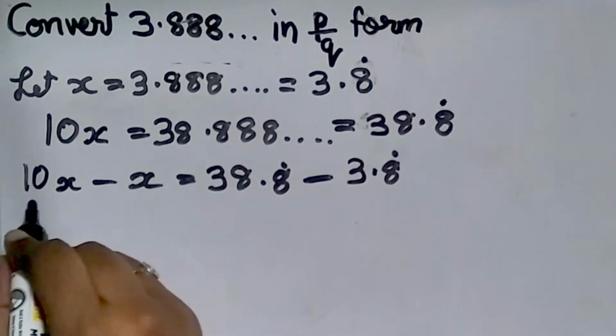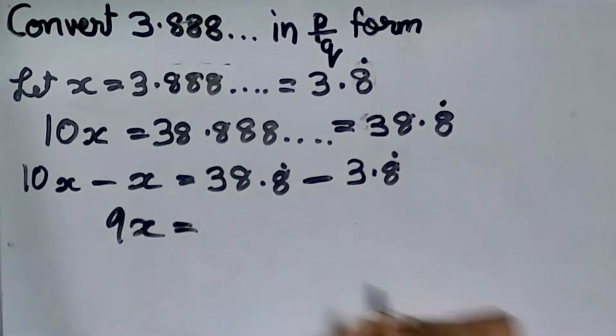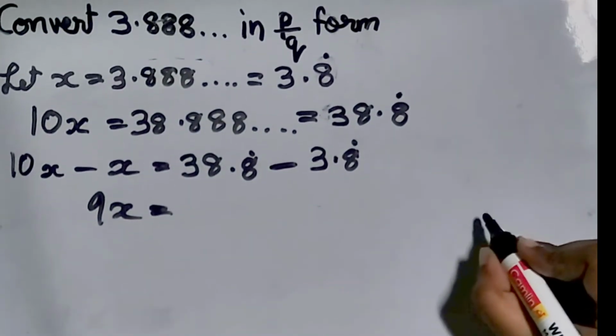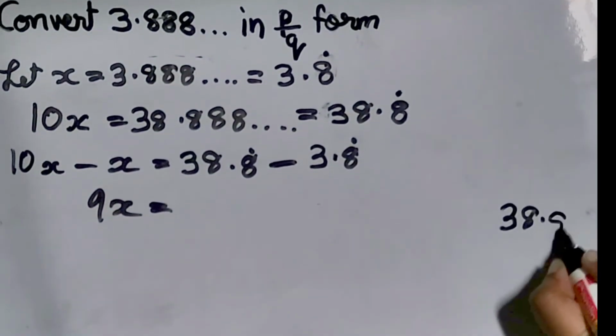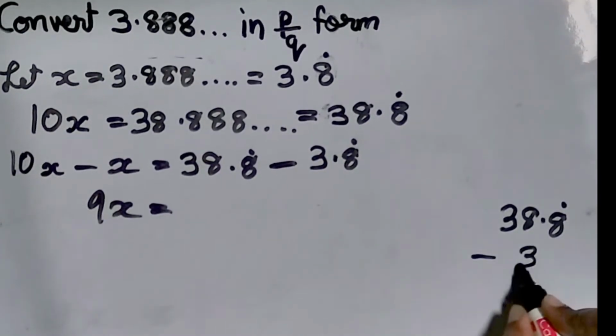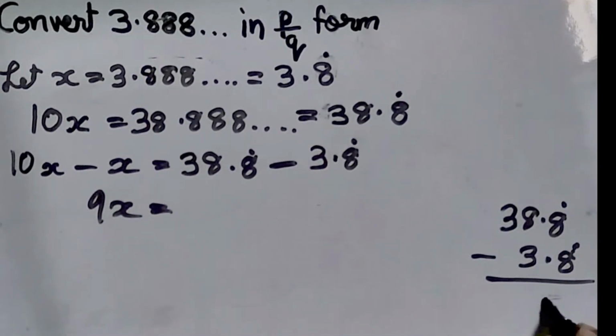Now here we will get 10x minus x will be 9x equal to, we will see how this calculation will come. See, here it is 38 point recurring 8, minus 3 point recurring 8. This is again recurring, so we will put a decimal point.